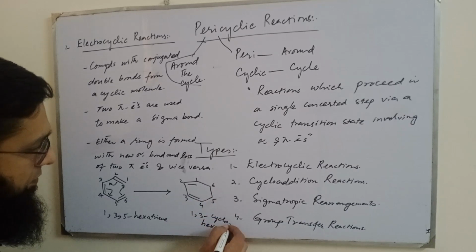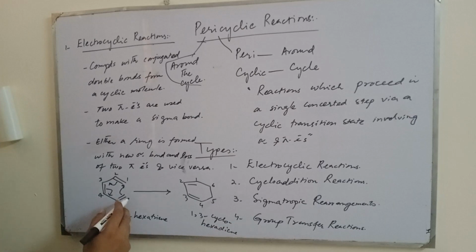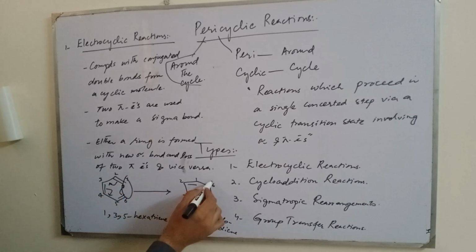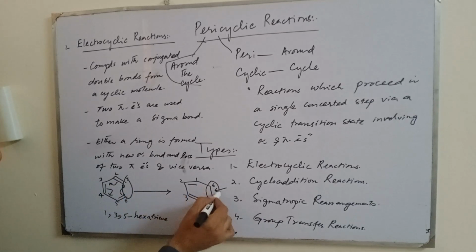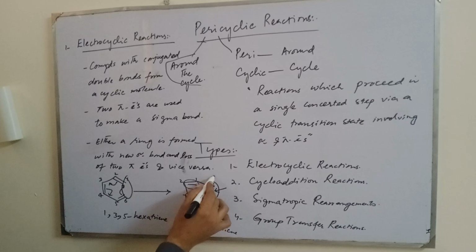So this is an example of an electrocyclic ring closing reaction. In this case we can see a new single bond, a sigma bond, is being formed here, and we had 3 pi bonds, and now we have 2 pi bonds. So 2 pi electrons have been used to form this.